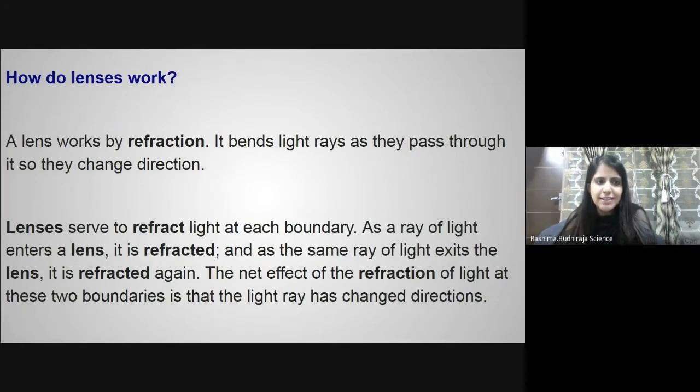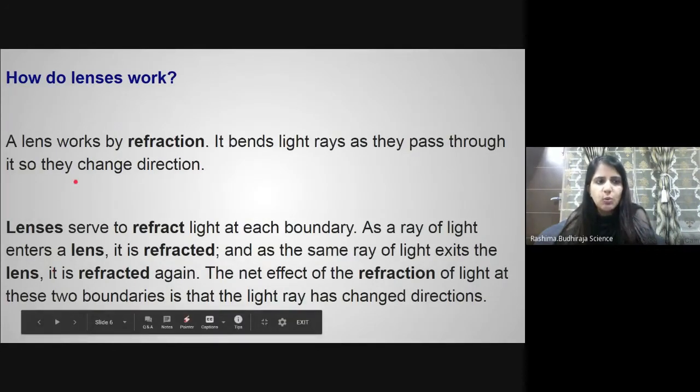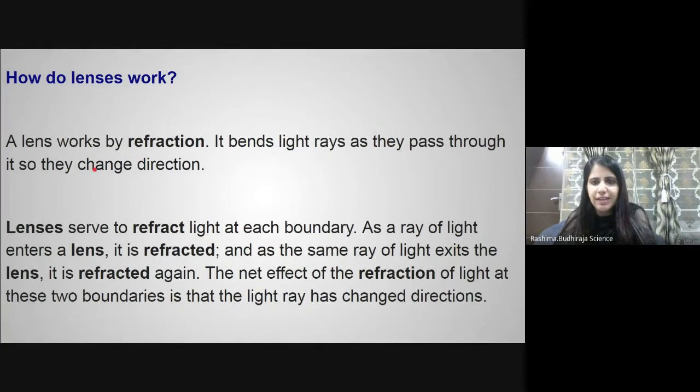How do lenses work? A lens works by refraction. It bends light rays as they pass through it, so they change direction. Children, we just read that refraction of light takes place when a ray of light falls obliquely on a transparent medium. Now, here, lens is a transparent refracting medium.